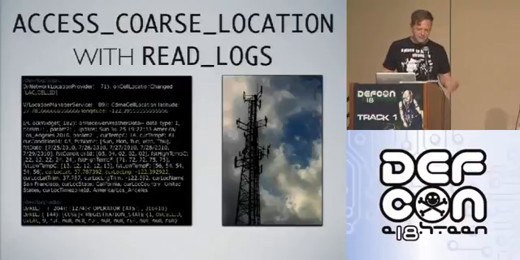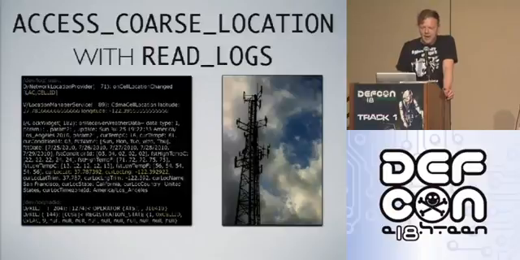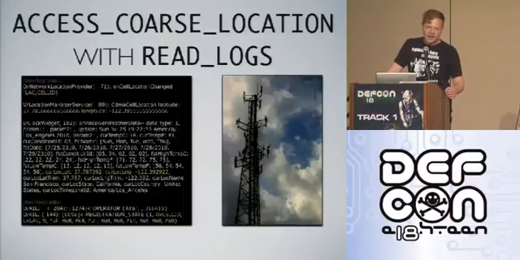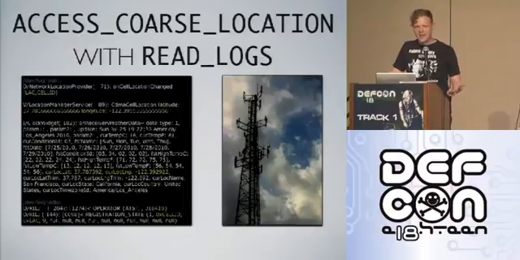And perhaps most interesting to us in some sense, read logs can be an alias for access coarse location. On GSM devices, up until 2.1, and this has been fixed in 2.2, by the way, the network location provider would actually log the LAC and the cell ID of the tower that your device hops to when it connects to a new tower.